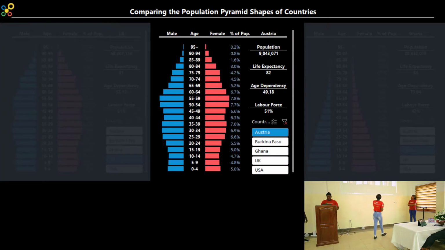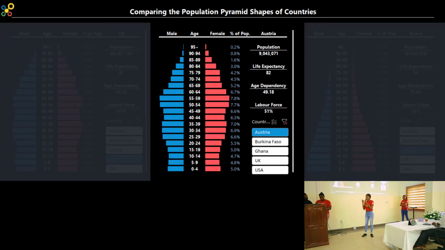The second type of population pyramid we can talk about is the stationary population pyramid. In the case of Austria, what this type of pyramid depicts is a country that is not growing. If you look at the shape of the stationary population pyramid, it looks almost rectangular.